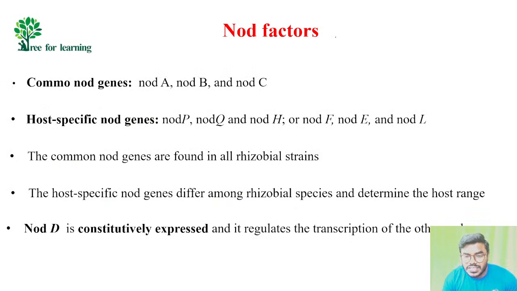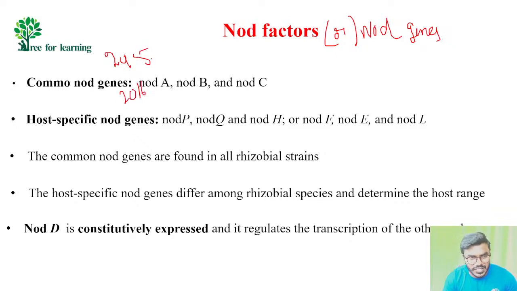Okay. These nod factors are the nod genes which are present in the bacteria. You know, right? You have seen this. This is the question asked in 2015, asked in 2016. In both cases 4 marker, and in 2018 we got the same type of question in part B.